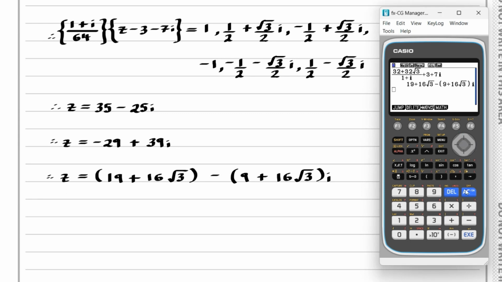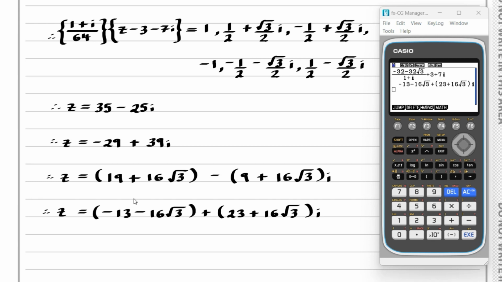So here we would have negative 32 subtract 32 root 3 over 1 plus i plus 3 plus 7i. That gives us negative 13 subtract 16 root 3 plus 23 plus 16i. Next, we've got this equation equaling negative a half plus root 3 over 2, so what I need to do is multiply this by 64.